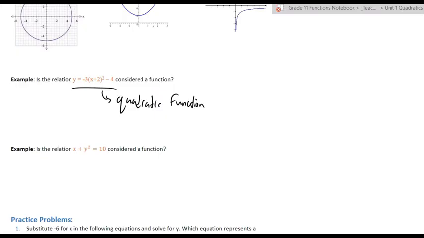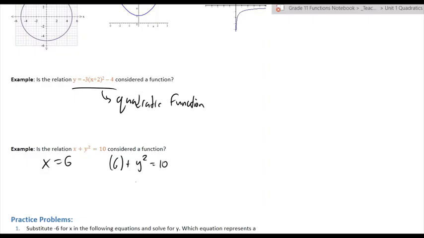And the best way to check that is you just pick a value for x. So here I'm going to say that x is equal to 6. And then I'll substitute in. So I have 6 plus y squared equal to 10. And then I'm going to solve for y.